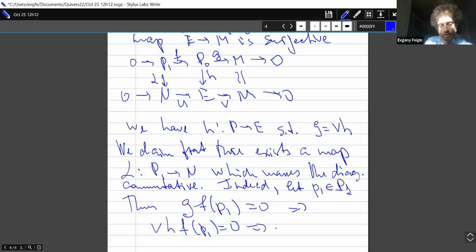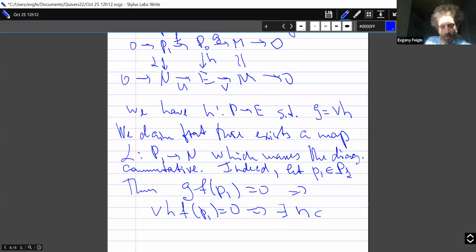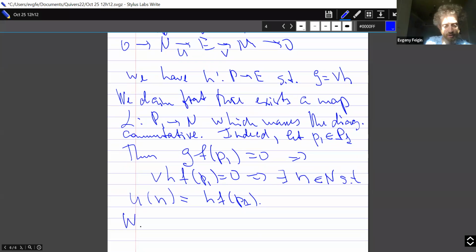Since the lower line in our diagram is exact, there exists an element n such that U of n equals HF of p1, and we define alpha of p1 to be this.